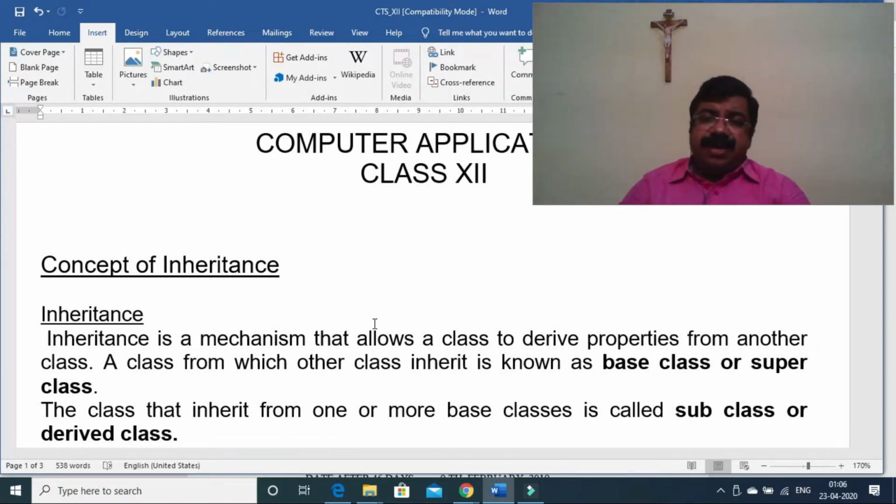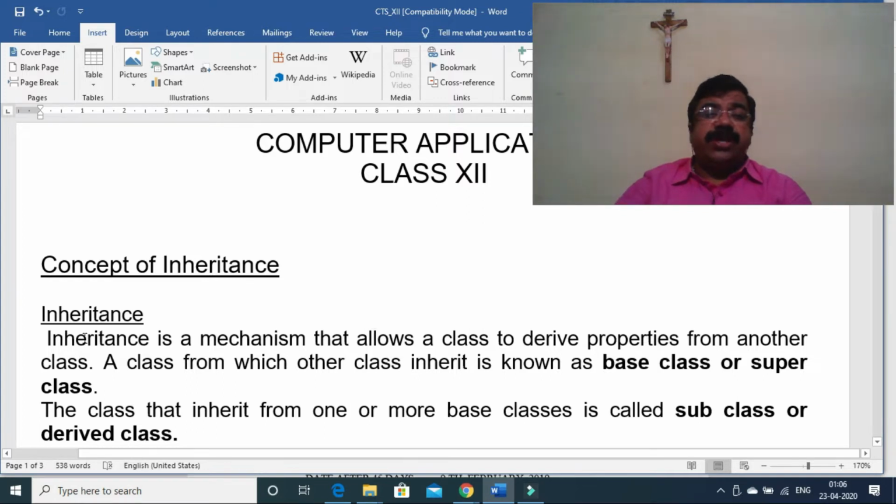What is inheritance? We studied earlier. Inheritance is the way of extending the classes. Or we know inheritance is the mechanism through which one class is deriving the qualities of another class. As the definition says here, inheritance is a mechanism that allows a class to derive the properties of another class.